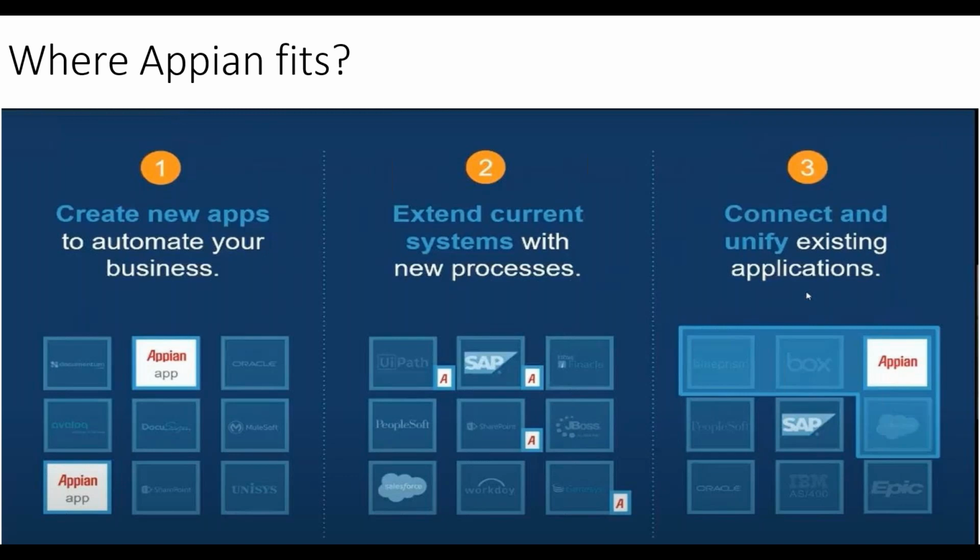You can also connect with different applications, such as SAP, to combine applications and bring in data from third parties, because many companies put their data in different locations for security reasons. So you can connect different applications and still use Appian to create one application, and that connection is very easy in Appian.